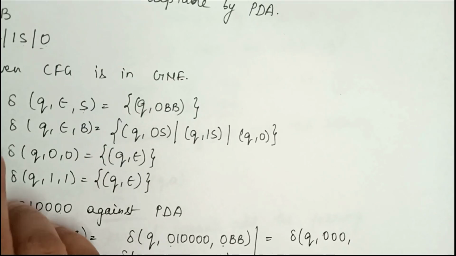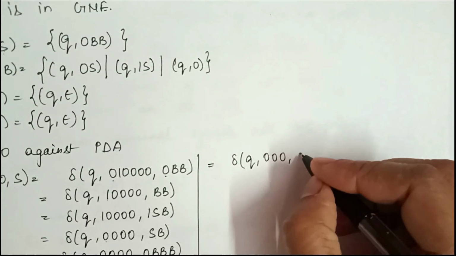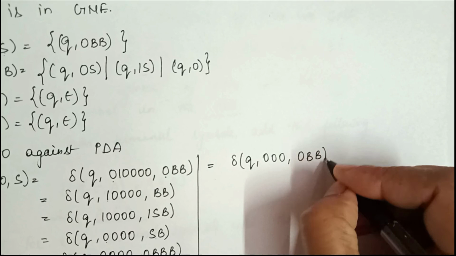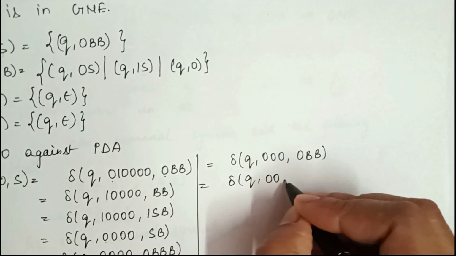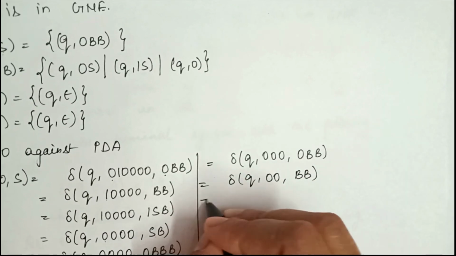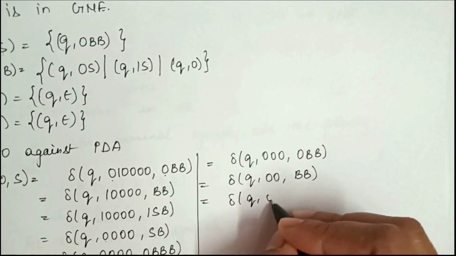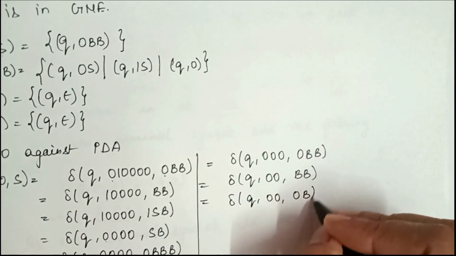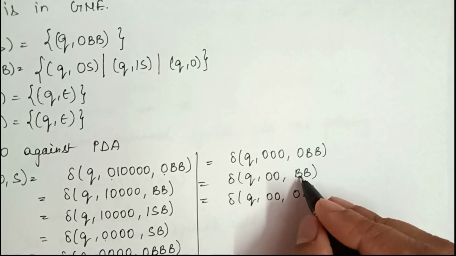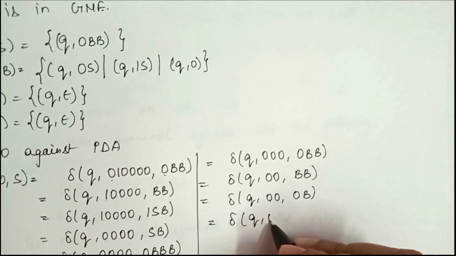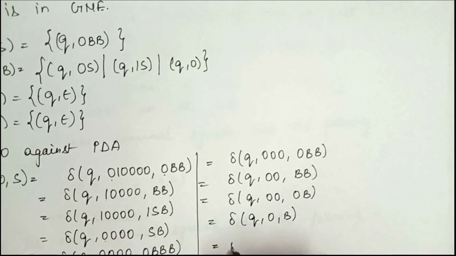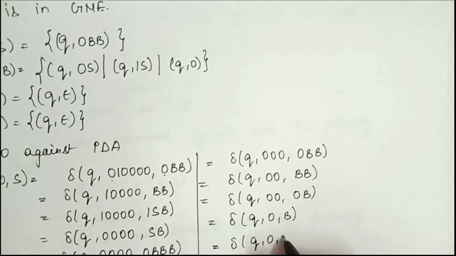This B can be directly 0, so we put 0 here. Now this 0 can pop out, then BB, again 0 0, that is 0 B. We substitute the value of B as 0. Now this 0 will pop out and the remaining string becomes this, and the last is 0 0 0.